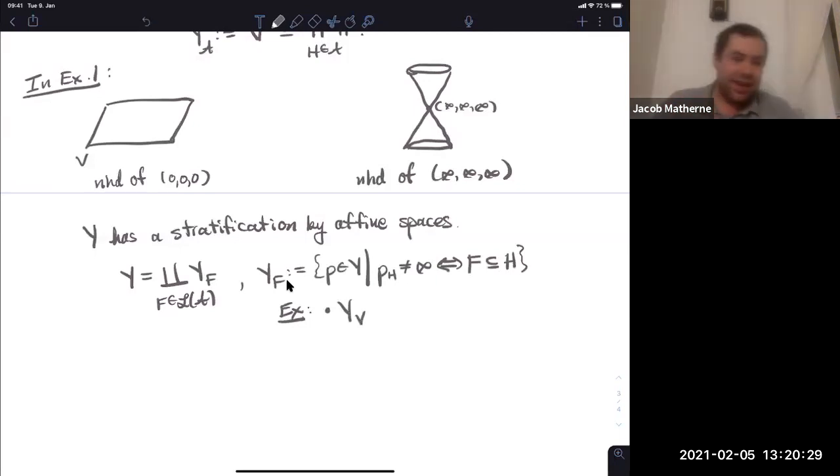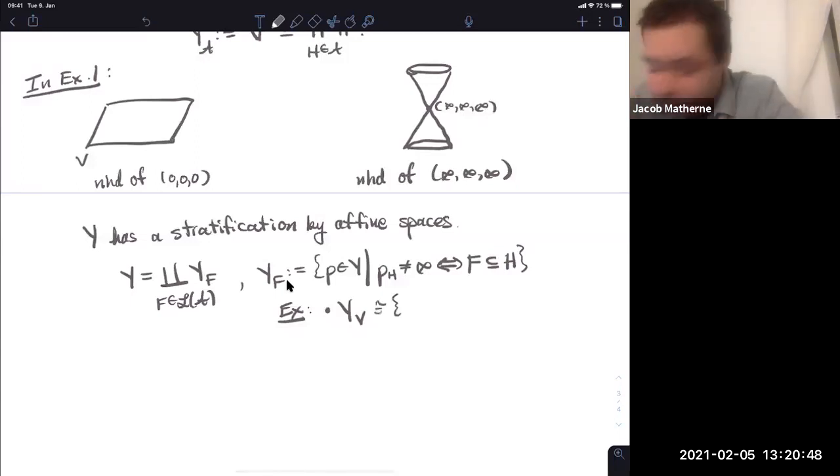At the very bottom of my poset, I have the whole vector space V. And the vector space V is not contained in any of the hyperplanes, right? So that means all of the coordinates are infinity. So this is maybe equals, and in general, I guess, it continues.